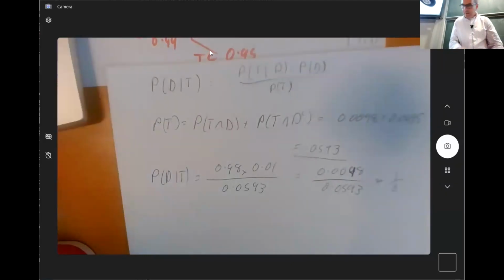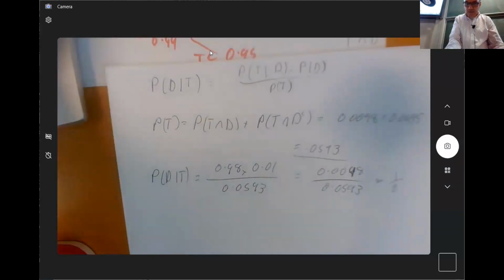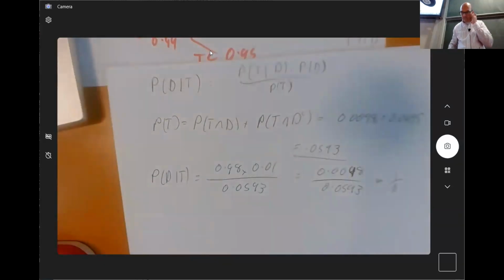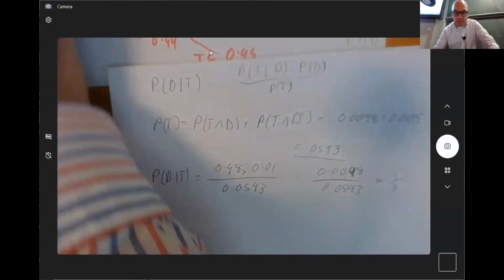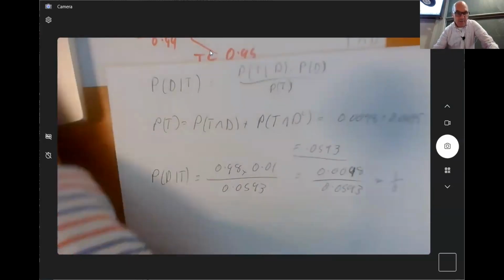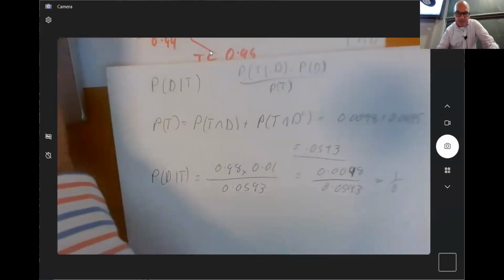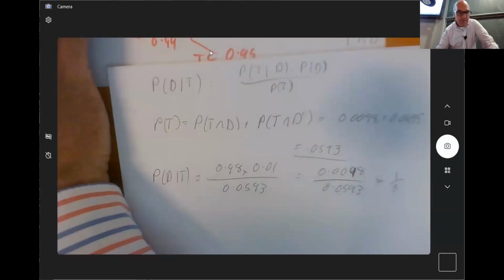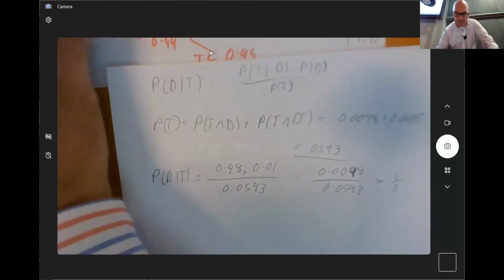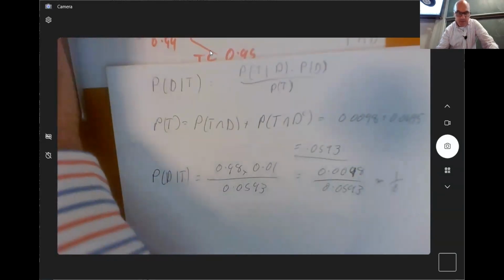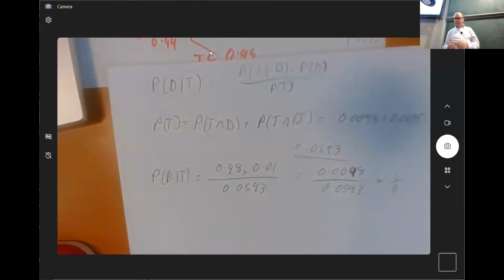And we want to do the other one, 0.99 times 0.05. The number we're talking about is literally that top line, that number, divided by that number again plus the other one. 16%.